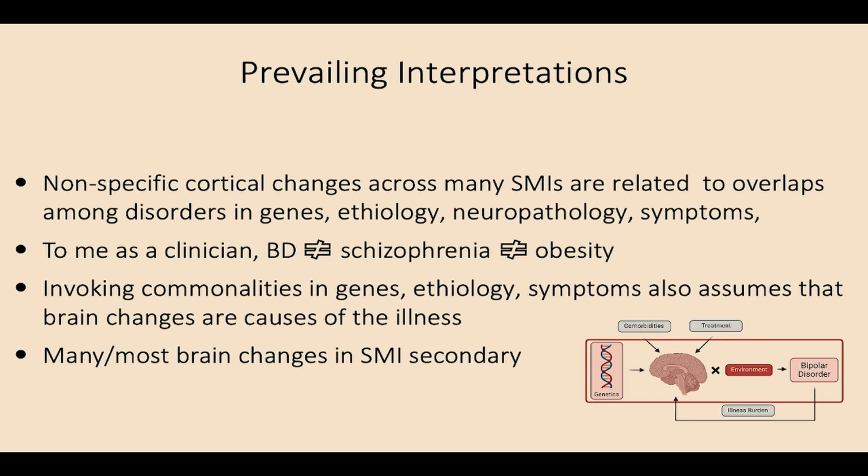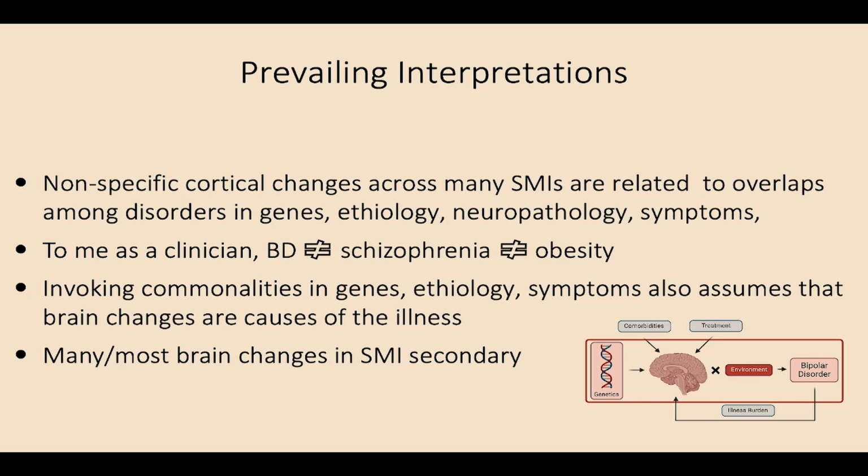But to me as a clinician, I mean, we can argue about that, but bipolar disorders and schizophrenia to me are very different conditions. You may disagree with me, but I think we will all agree that bipolar disorders and obesity, or schizophrenia and obesity, are certainly not the same thing. So that's one issue I have with this interpretation.